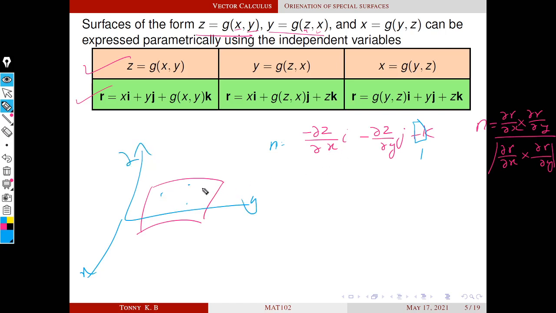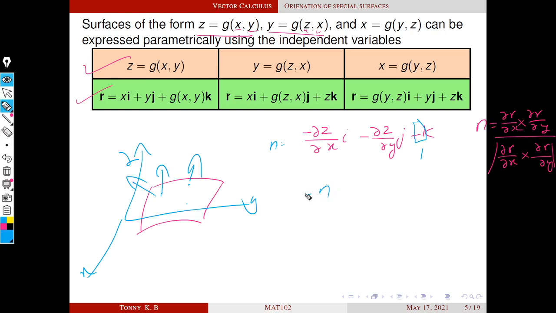Whatever be the point, the coefficient of the k-th component is always 1. That means the vector is always in the upward direction. So in the case of z is equal to g(x,y), its positive orientation means upward direction.